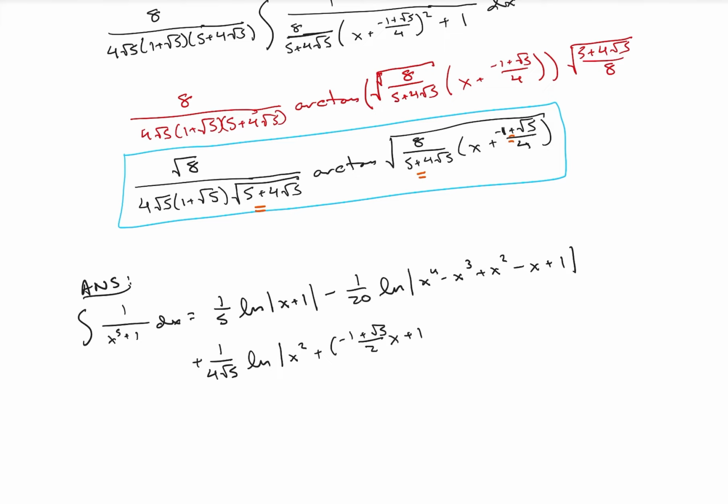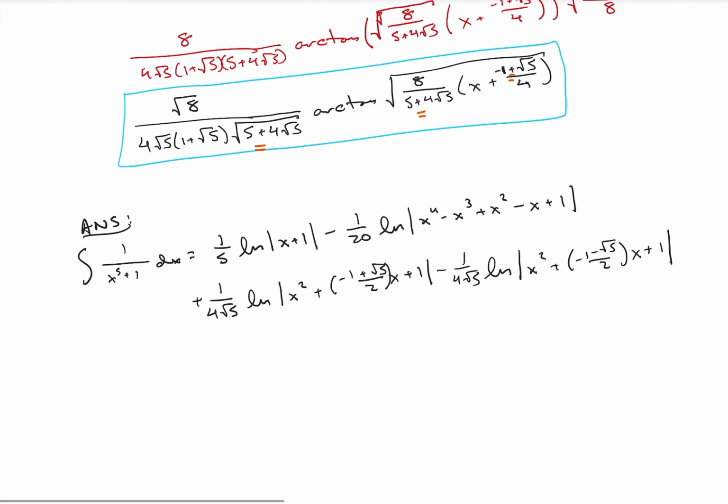Minus 1 over 4 root 5 natural log of x squared plus negative 1 minus root 5 over 2 x plus 1.